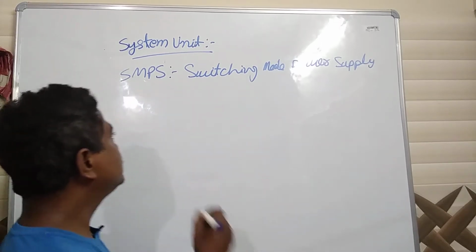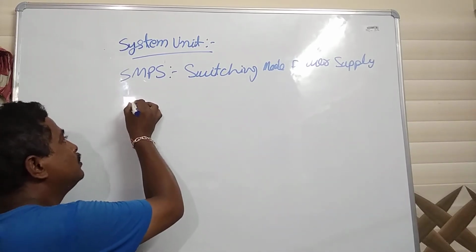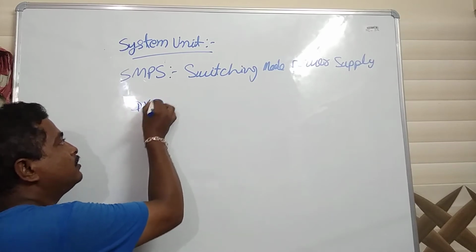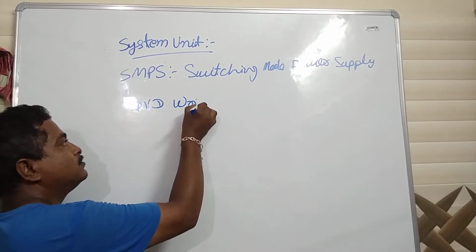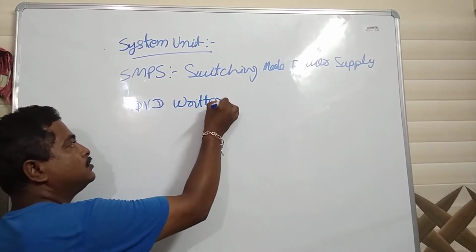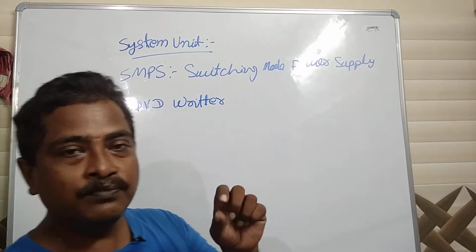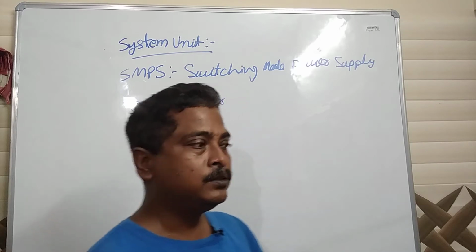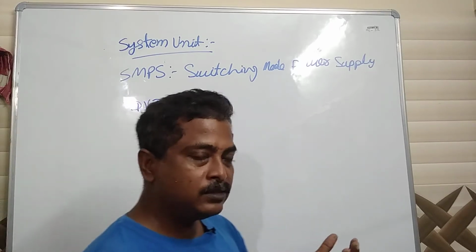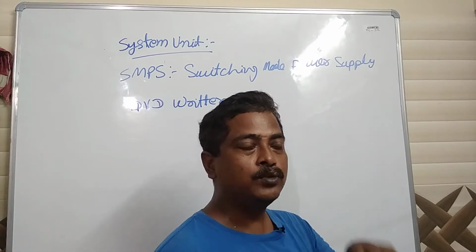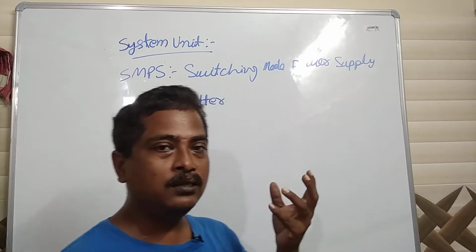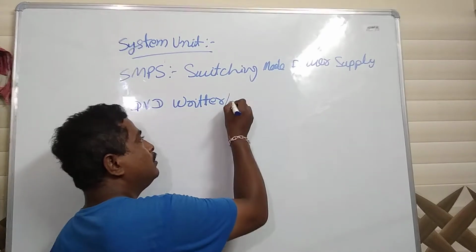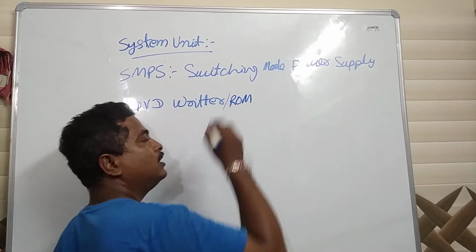Coming from SMPS, next we will go to the DVD writer. What is a DVD writer? It is a player where we place our CD or DVD. If it is only readable, meaning you put in the DVD and can only read it, then that is a DVD ROM, read only memory.